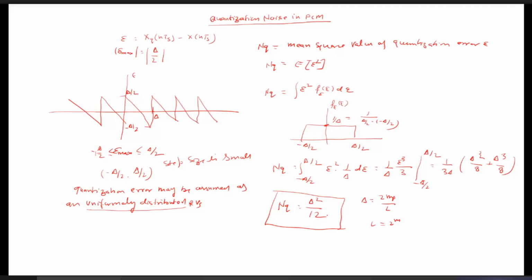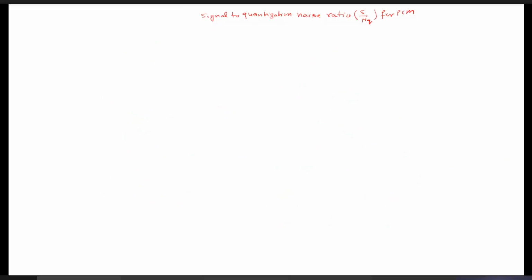Now, moving to the next topic. Our next topic is the signal to quantization noise ratio. I will discuss this in the next class, because it is slightly lengthy as compared to the calculation of the quantization noise.